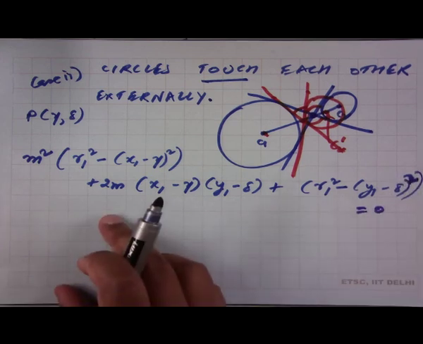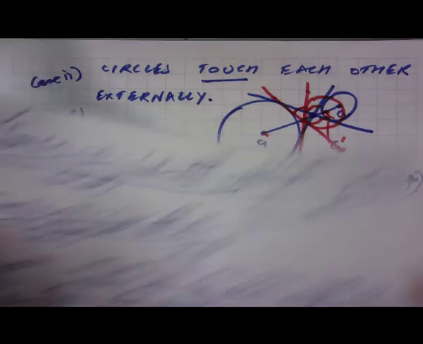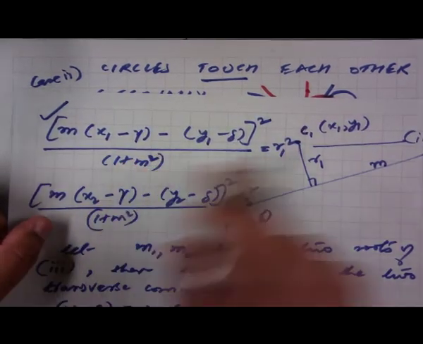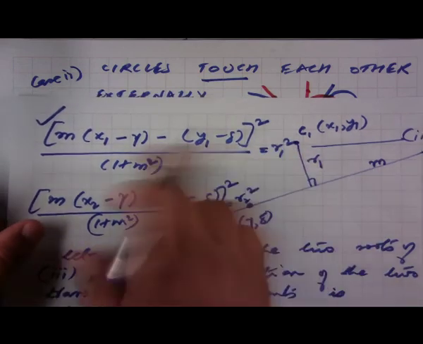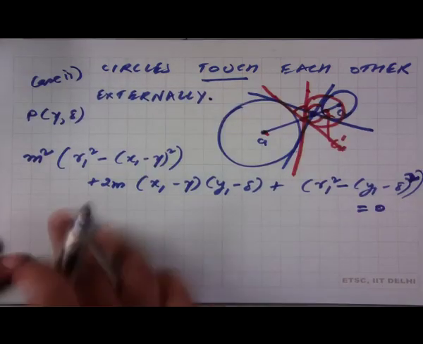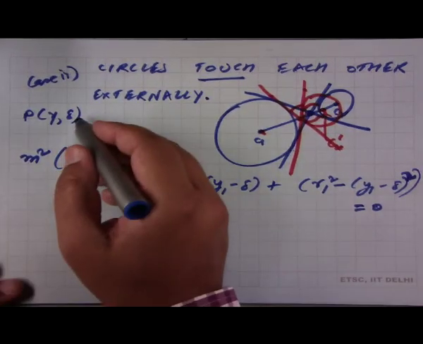So, this is the quadratic equation that we will get from here. We just have to take this here and then do a shuffling of the terms, and this is what we get.